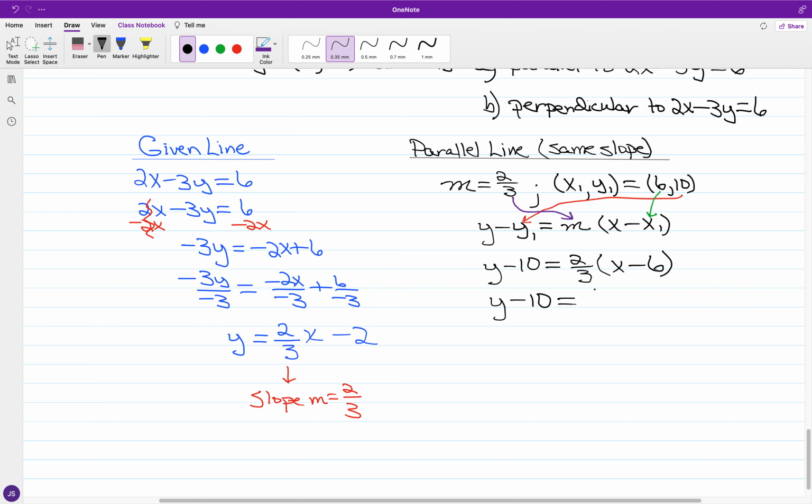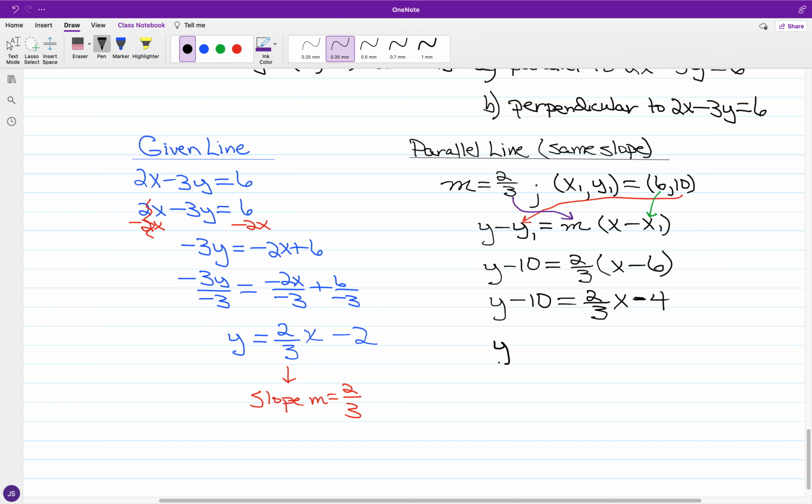In the next stage, distributing 2/3 over the binomial x minus 6, we have 2/3 of x and 2/3 of negative 6. 2 times negative 6 is negative 12, divided by 3, so that is going to be negative 4.